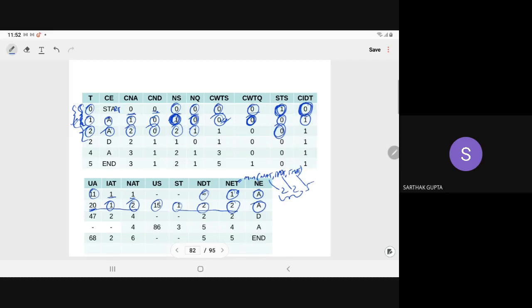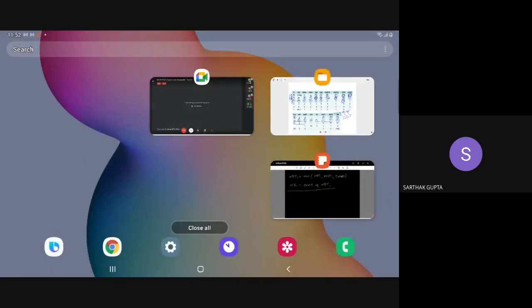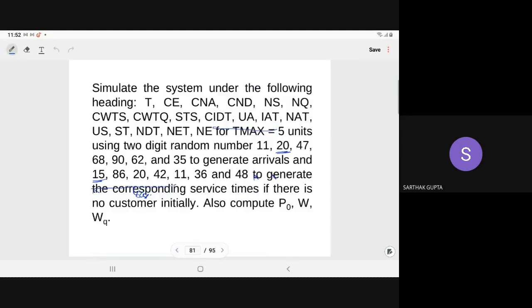And due to the arrival, we have to generate the next arrival. For the next arrival we are taking the next random number. The next random number after 20 is 47.